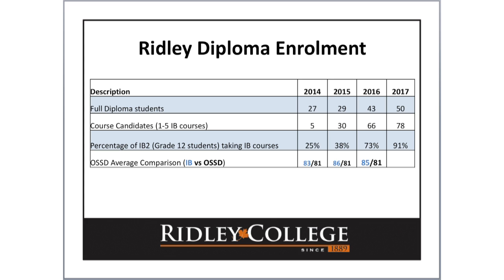But are the grades lower? Well, no, they're not. In fact, if you look at the averages, the IB grades are consistently higher on average than the OSSD cohort. And the OSSD grades here include the IB diploma students.